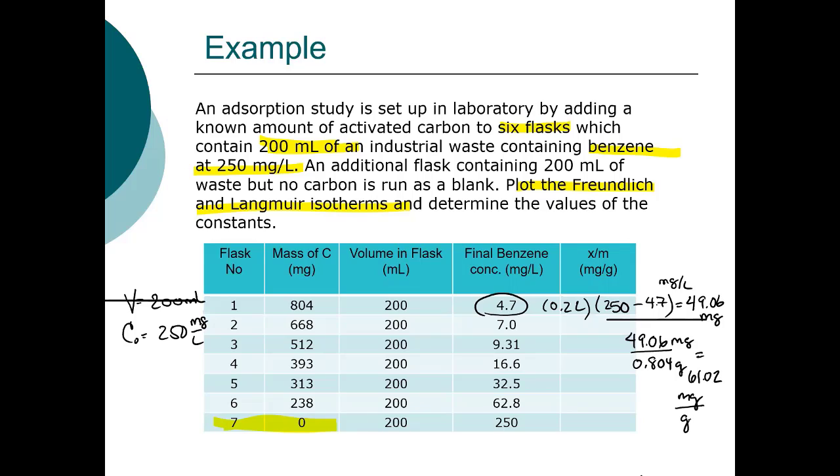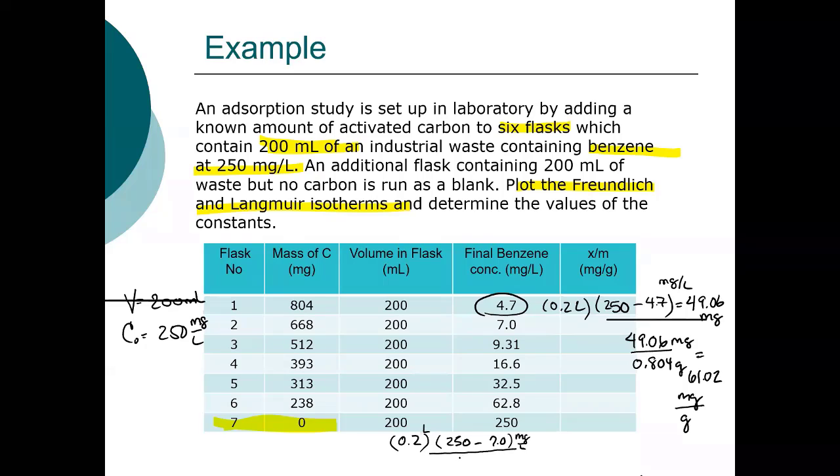We can do the same sets of calculations for the others. So for instance, here we have 0.2 times 250 minus 7. And this is liters, this is milligrams per liter.